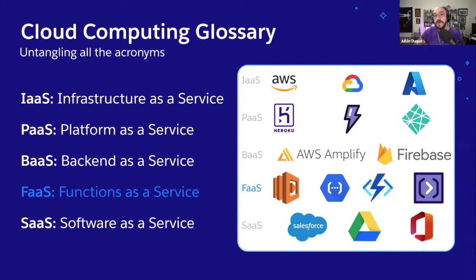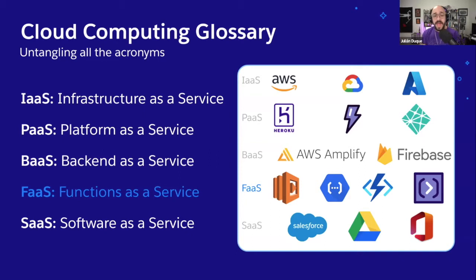Some of the functions as a service products that you can find on the market are AWS Lambda, Google Cloud Run, Azure Functions, or Salesforce Functions, which is the one I'm going to be talking about today.